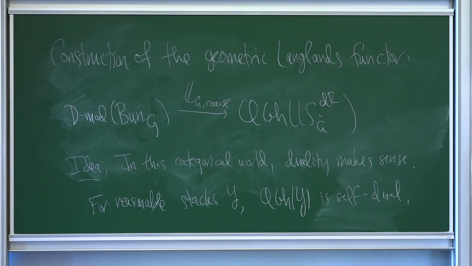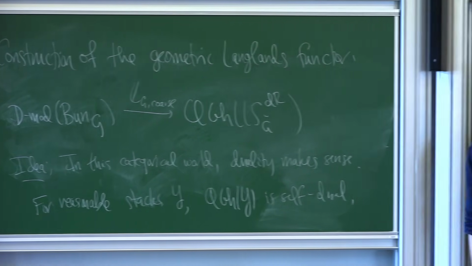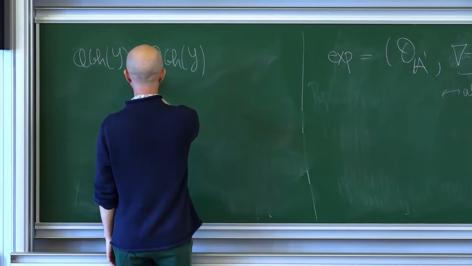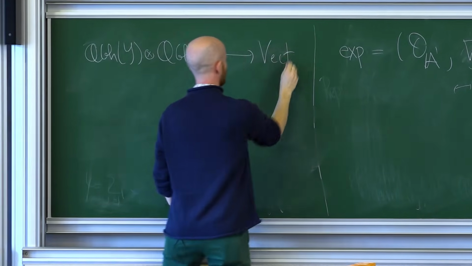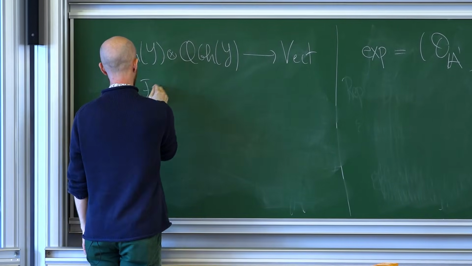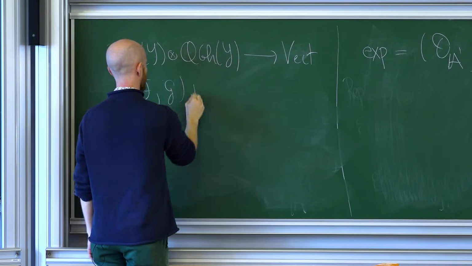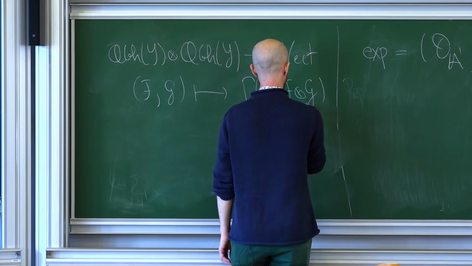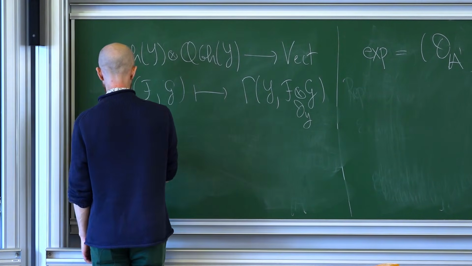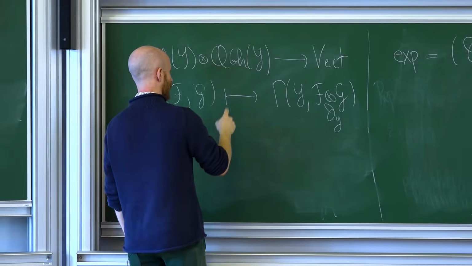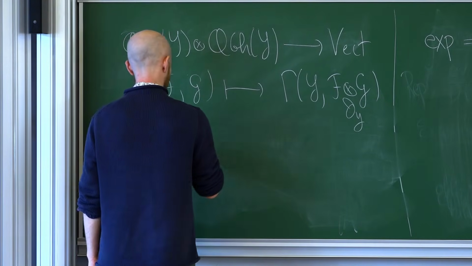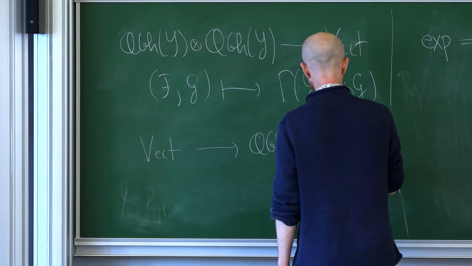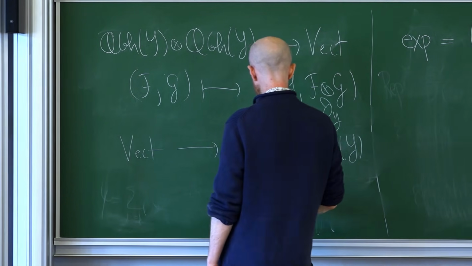Duality means I should give you an inner product, and so this is going to send a pair of sheaves to global sections of Y, with coefficients in F tensor G. In order to check that the duality is not degenerate, it's usually good to give a co-unit also, a co-evaluation.